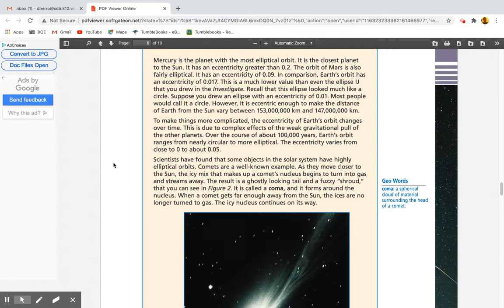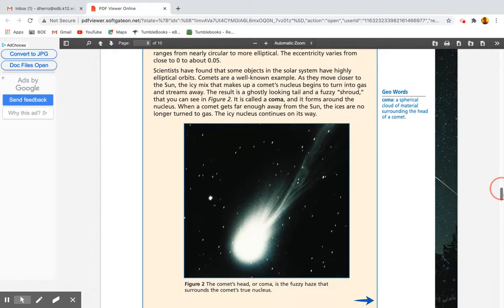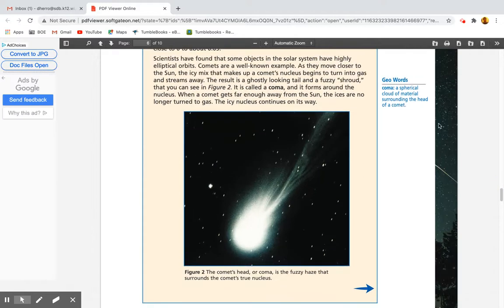As they move closer to the Sun, the icy mix that makes up a comet's nucleus begins to turn into gas and streams away. The result is a ghostly-looking tail and a fuzzy shroud that you can see in Figure 2.